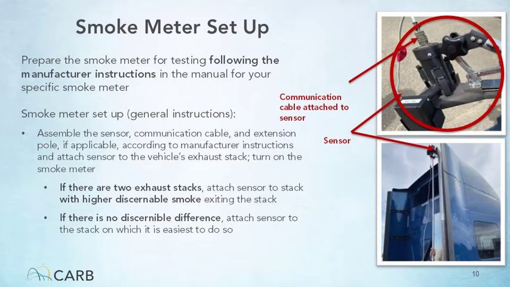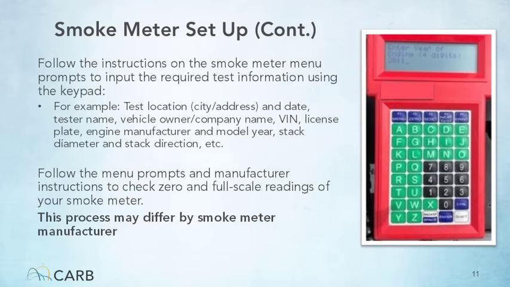2. Installation of the smoke meter onto the vehicle's tailpipe is dependent upon the type of smoke meter that you are using, so refer to the smoke meter owner's manual for proper installation instructions. Upon installation, follow the instructions on the smoke meter menu prompts to input the required test information using the keypad prior to performing the actual smoke tests.